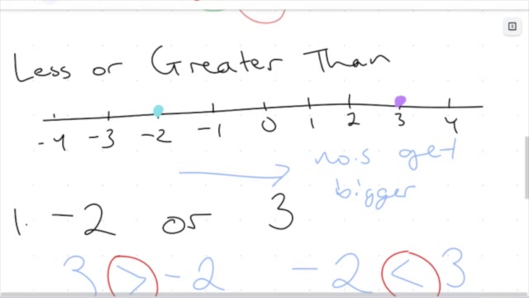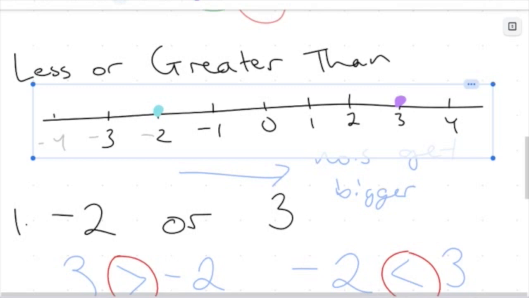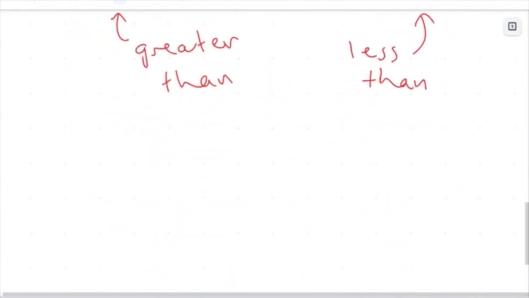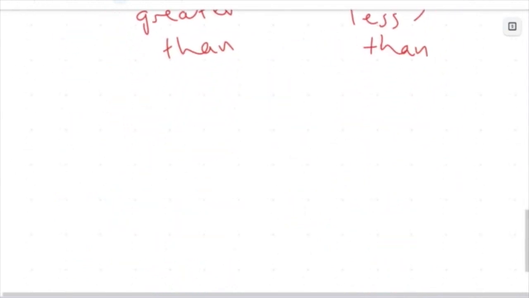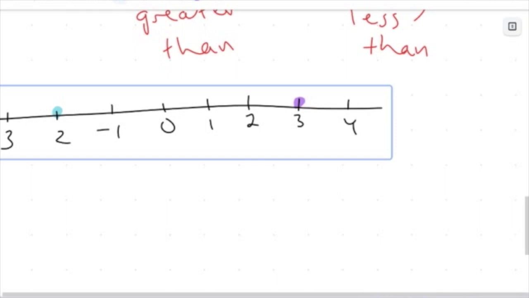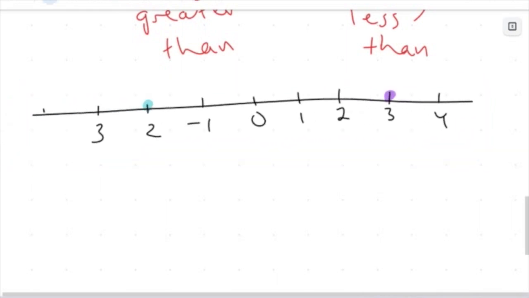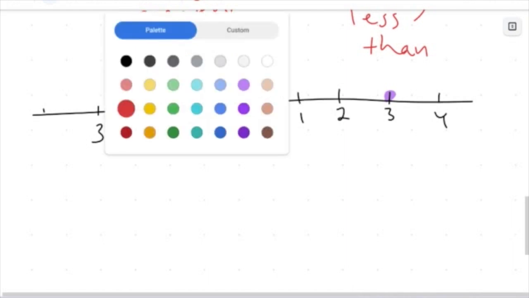I'm going to copy this number line and paste it down here for another example. And I would always encourage you to refer back to your number lines because they're a really good way of just double checking where you're at.